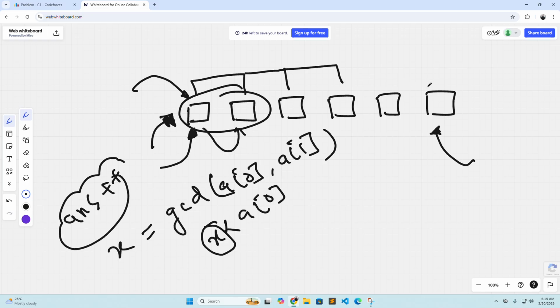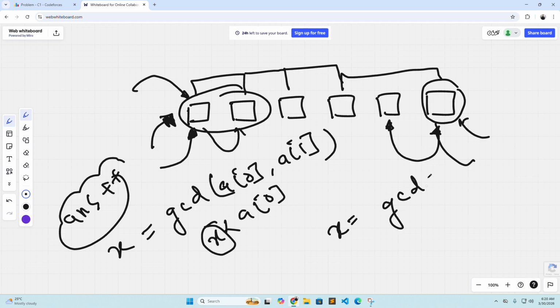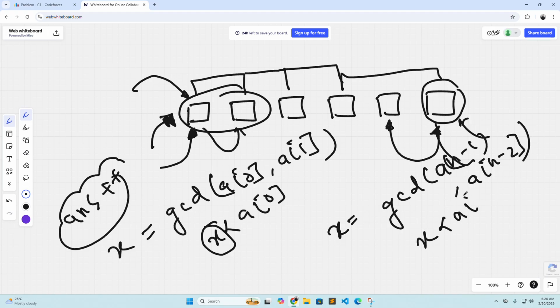Same logic holds for the last index. We take the last index, and if we take the GCD with the second last index, GCD of a of n minus 1 and a of n minus 2, and call it x, and x is less than a of n minus 1, then we can easily change the last index to x.